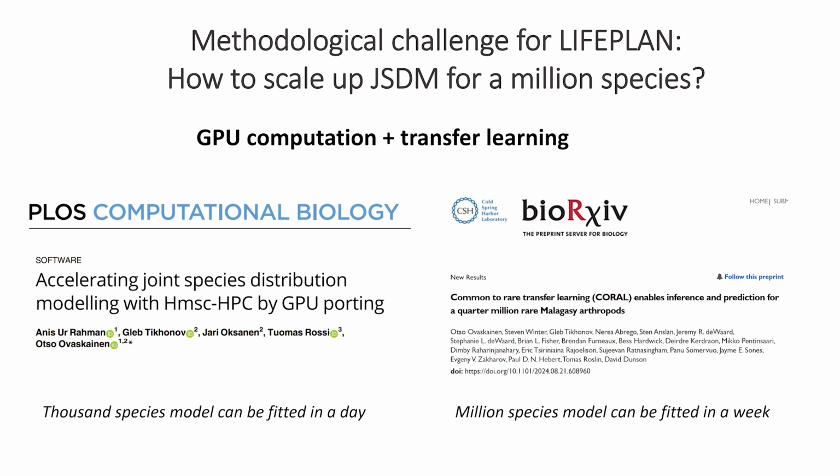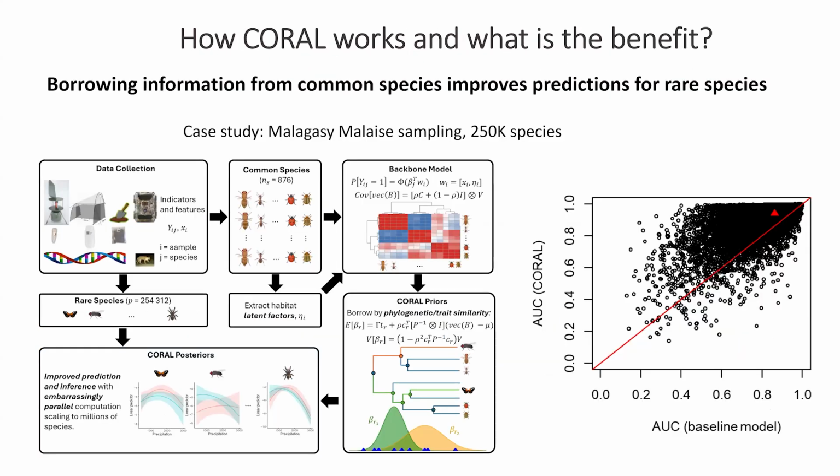So now very recently, this is still a preprint, an unpublished paper, we developed this common-to-rare transfer learning approach with which we can actually fit this model for a million species, literally. I just want to illustrate here how that works. This is a case study of the Malagasy Malaise sampling with 250,000 species.